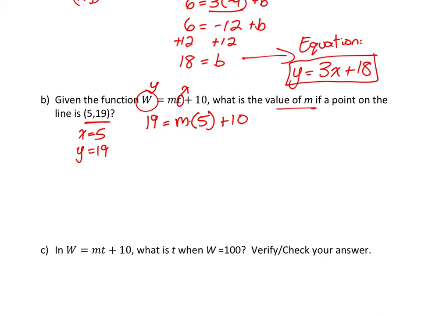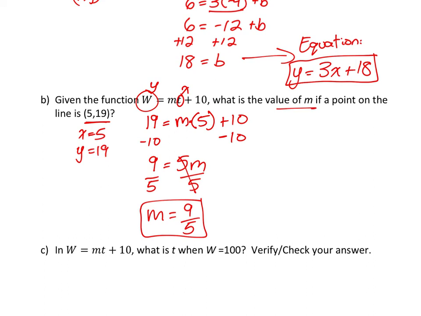So we have multiplication, we have addition, so we have to undo the addition first. Subtract 10 from both sides. 9 equals m times 5, or you can write that as 5m, which looks more familiar. Then to undo your multiplication, divide both sides by 5. So you're left with m on one side of the equation, and 9/5 does not simplify, so that is your slope written as a fraction.